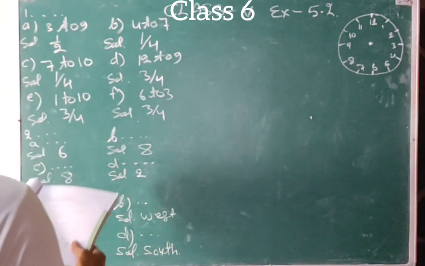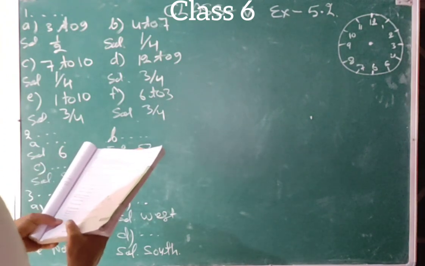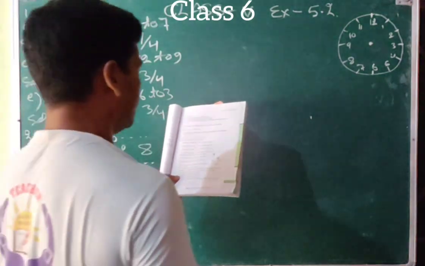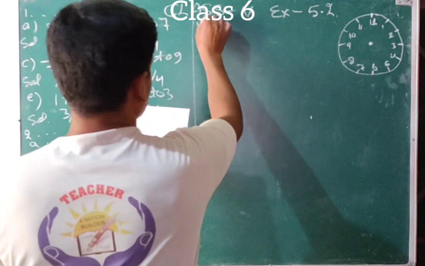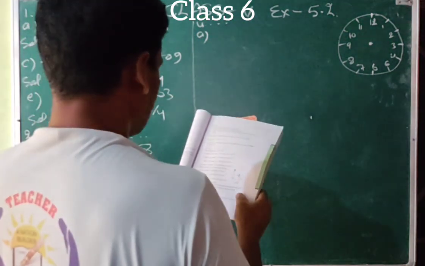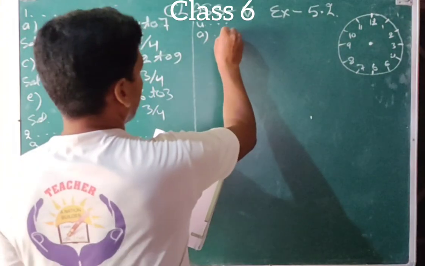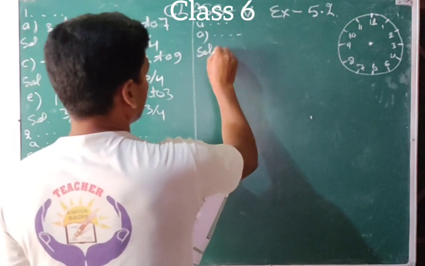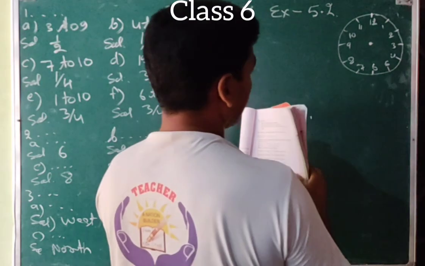Now question number 4: what part of a revolution have you turned through if you stand facing? A part, east and turn clockwise to face north, that will be 3/4.